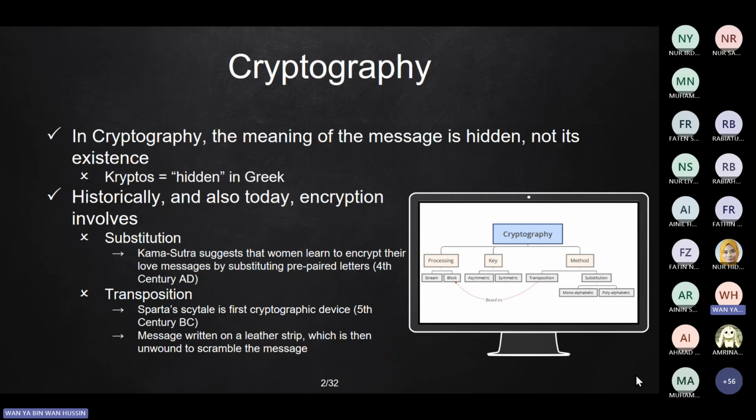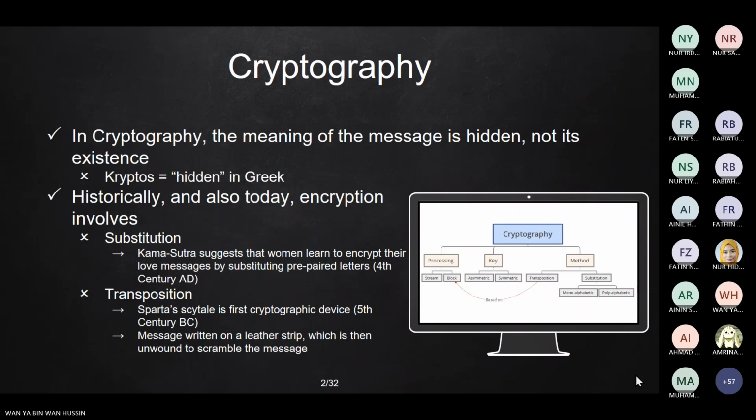Under substitution cipher, you should know what is monoalphabetic substitution cipher and polyalphabetic substitution cipher. And what is cryptanalysis?